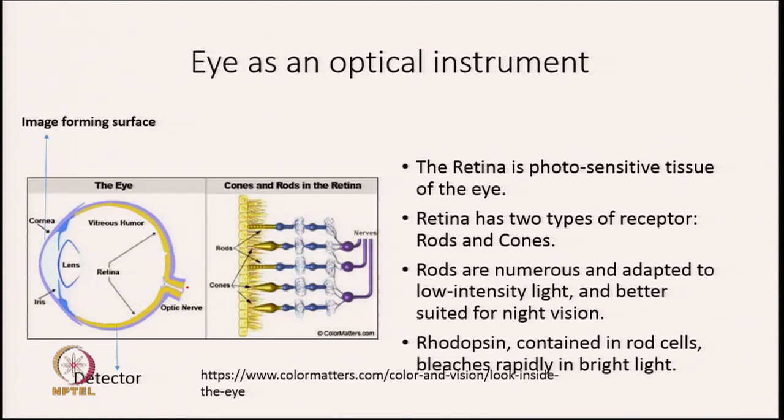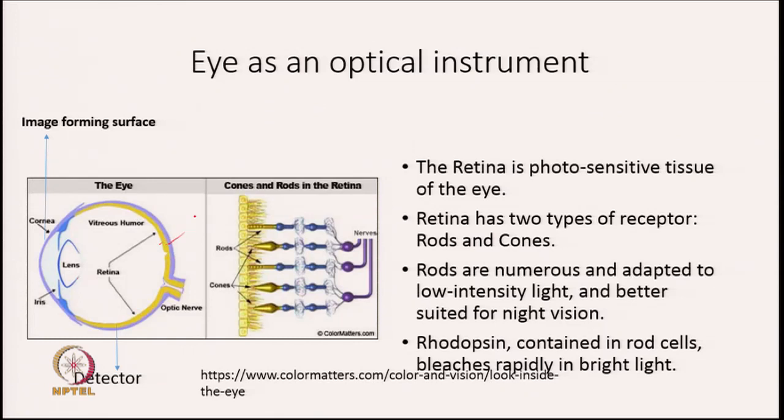As other optical instruments require, eye has an image forming surface and this is called cornea. And we also have a detector which is basically retina. This yellow one is your retina.